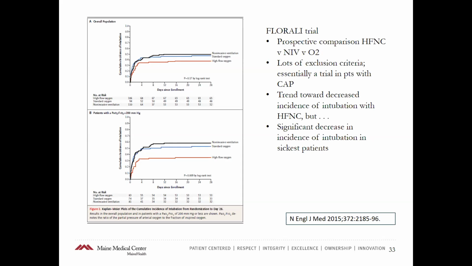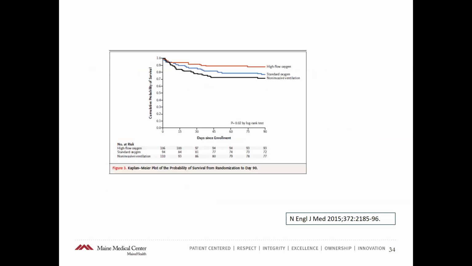If that is the incidence of intubation, the high flow group does better, but it didn't reach statistical significance until they went down and looked at the ones who were sickest. These are the folks who had a PF ratio less than 200. So the sickest of their group, and here it did reach statistical significance. So it suggests that this might be the modality you would reach for first in the people that were the sickest, that you were most concerned about.